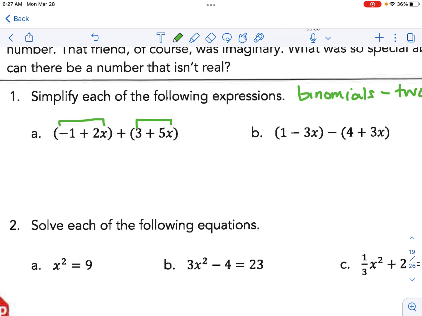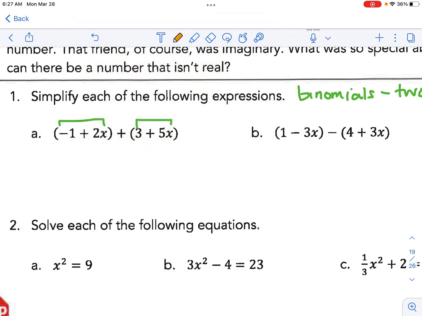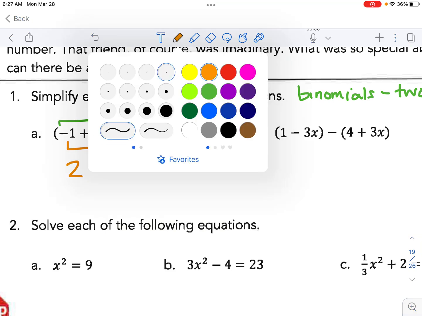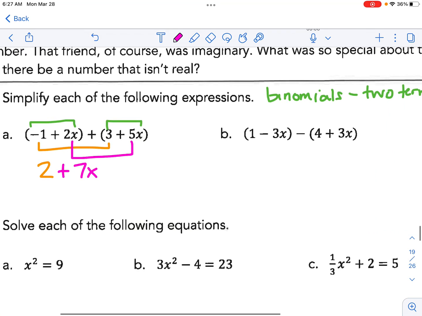In each one of these terms, if you notice, we have a number and then a variable term. When we've done this many times, we can combine these by combining the like terms. We combine the number terms to make a 2, and then we combine the variable terms to make a 7x, and that 7x is positive, so that becomes 2 plus 7x.